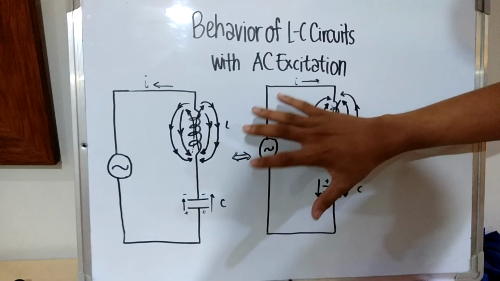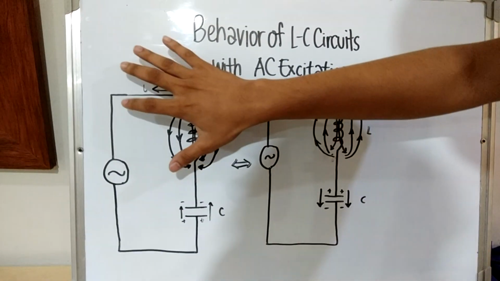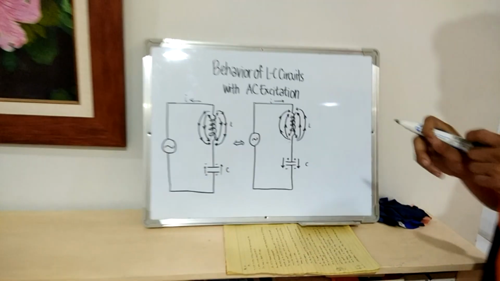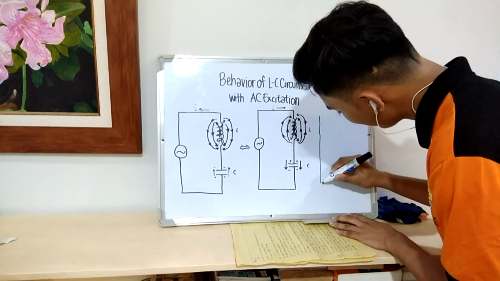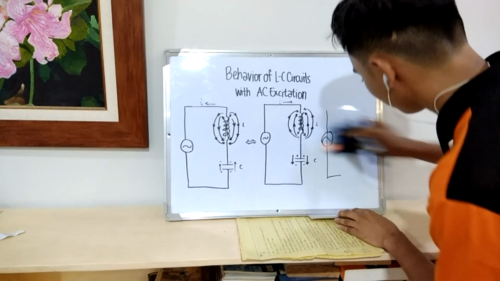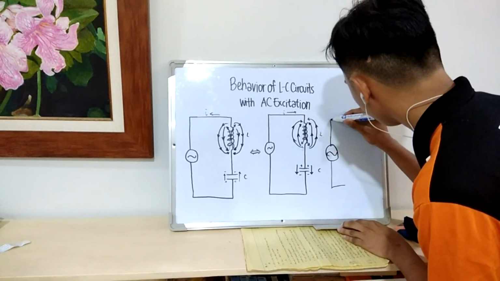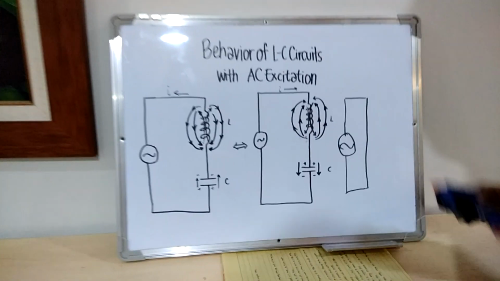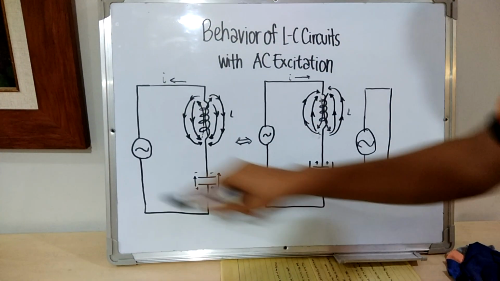So, this inductor-capacitor series combination could be replaced with a short circuit, and the AC voltage wouldn't know the difference, because they have the exact same amount of current passing through it.